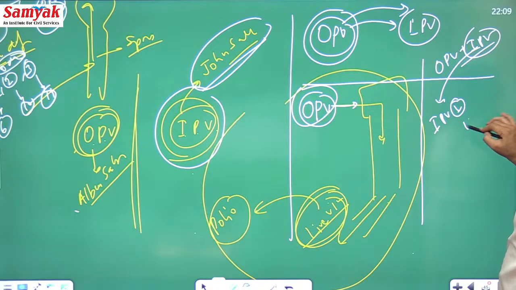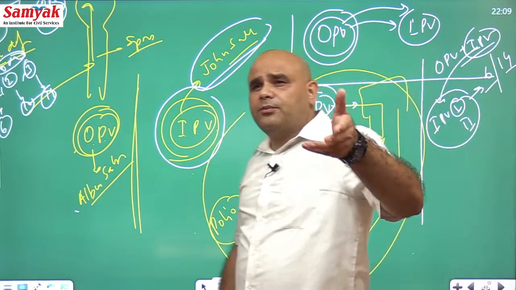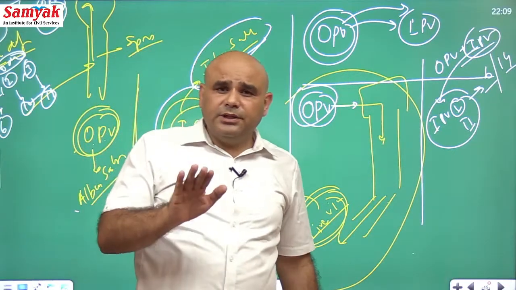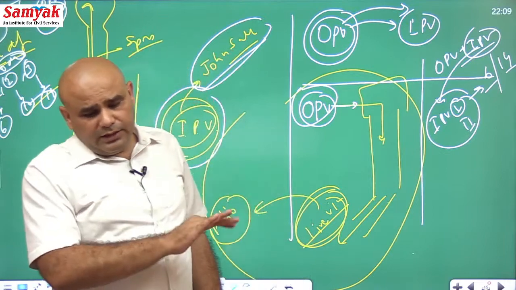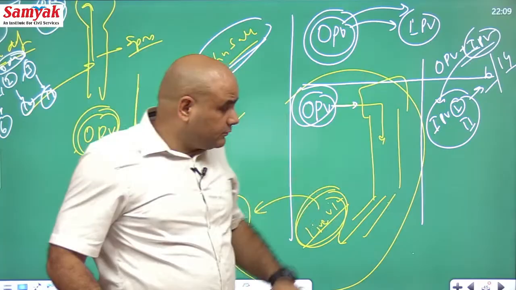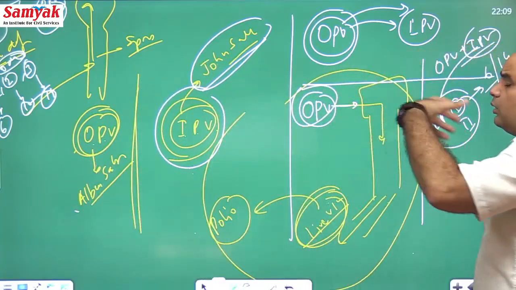IPV1 and IPV2 are given respectively at the age of 6 weeks and 14 weeks. That means 1.5 month and 3.5 month. Got it? 6th week and 14th week. IPV1 and IPV2. These doses are given. And very soon we will switch from OPV to IPV.